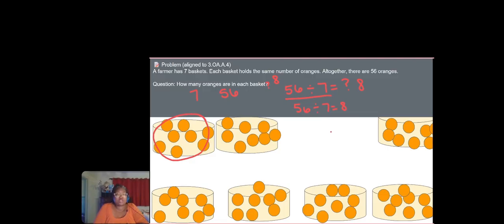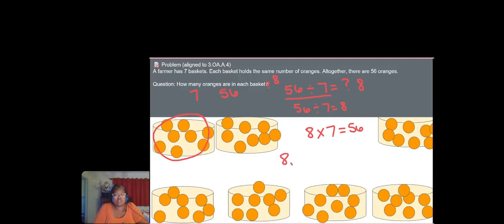We can always go back and check it by doing multiplication, because these two factors multiplied together should give us 56 as a product. Well, if we do 8 times 7, does that equal 56? Well, we can do 8 7 times or 7 8 times. So let's do 8 7 times.